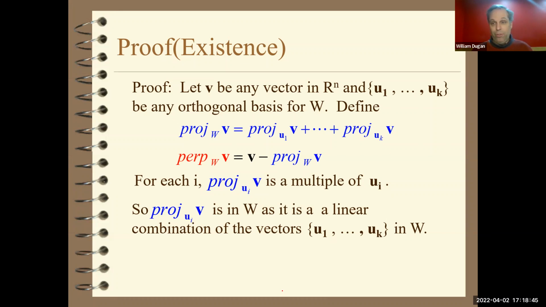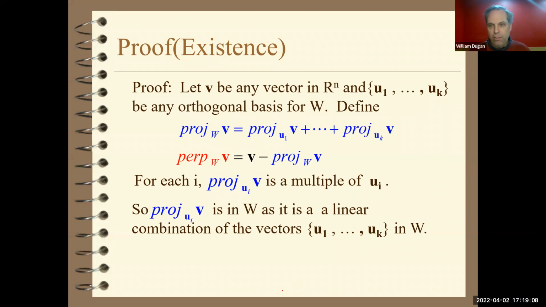I have to then prove to you lots of stuff. First, I'm going to convince you that this projection is actually in the space. It's actually in W. So why? Well, notice that the projection of v upon any of these vectors, u1, u2, and so on, is just a multiple of that vector.